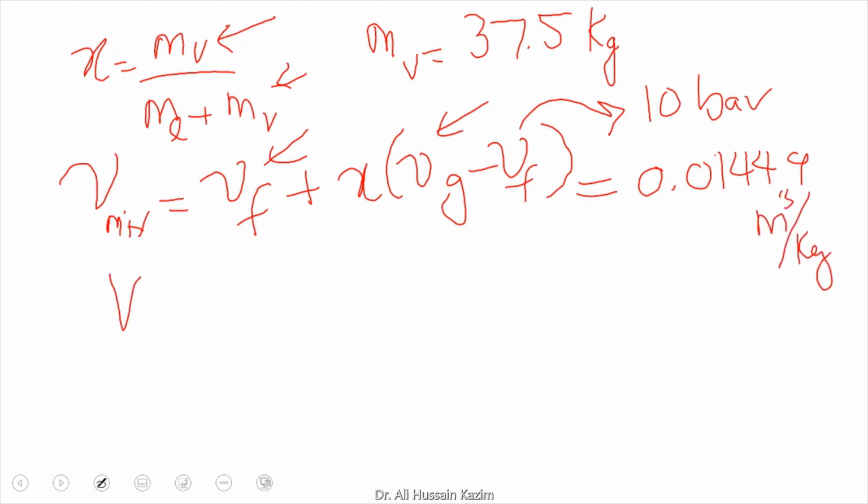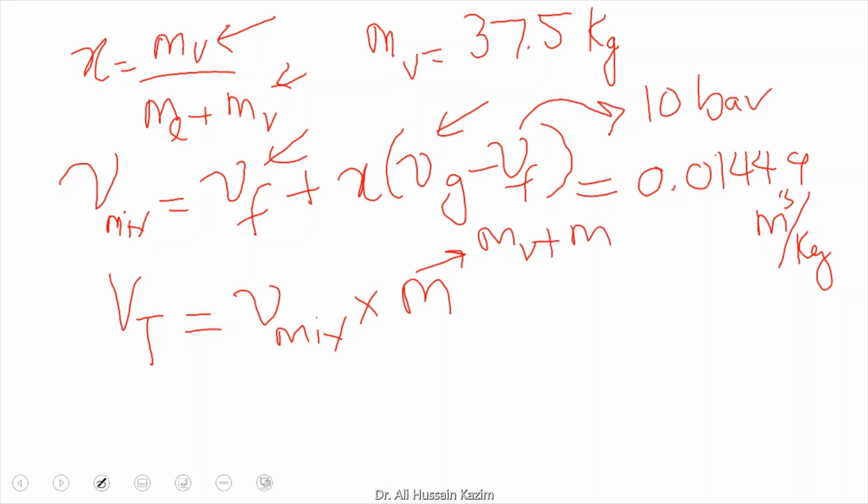Now the volume of the tank is V mixture into the total mass of the tank. The total mass of the tank is the mass of vapor, which we calculated above, plus the mass of liquid, which was given.